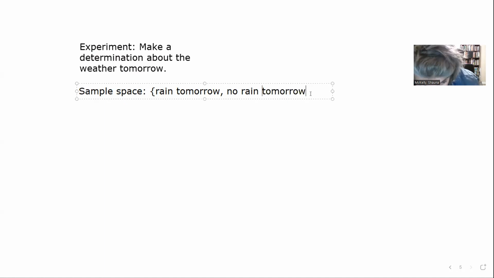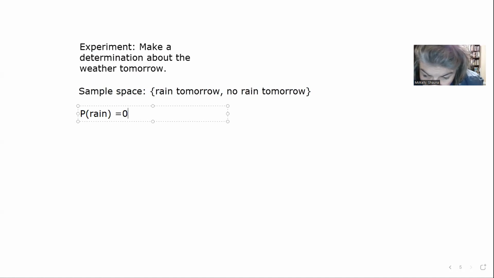Now, like I said, there are plenty of problems where this is more complicated, but we have 2 outcomes in this sample space, and they've assigned a probability to each one. So the probability of rain is 0.2, okay? The probability then of no rain is what we want to find out.